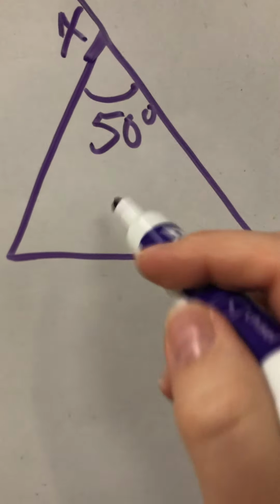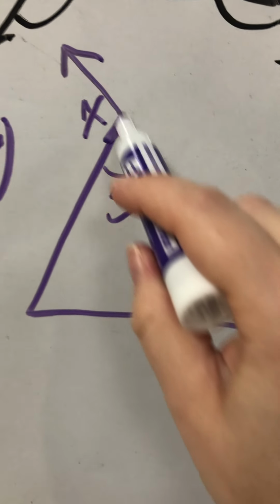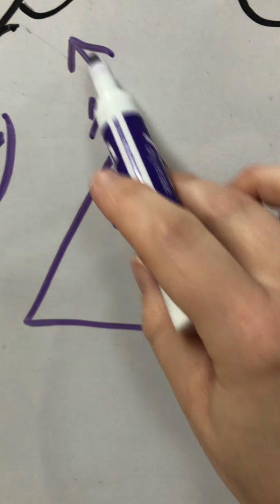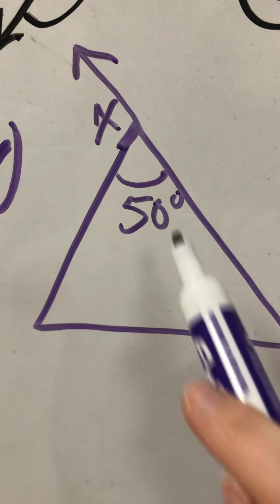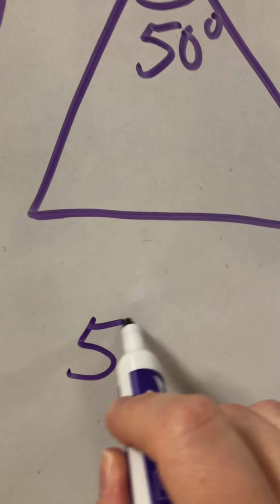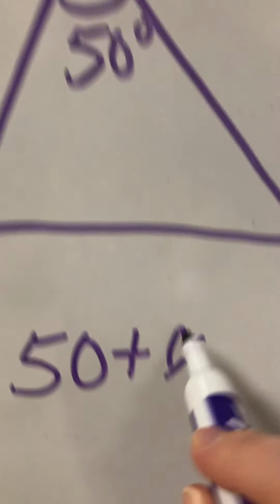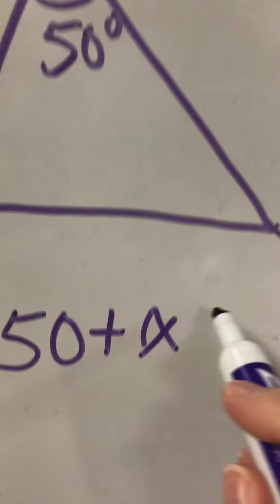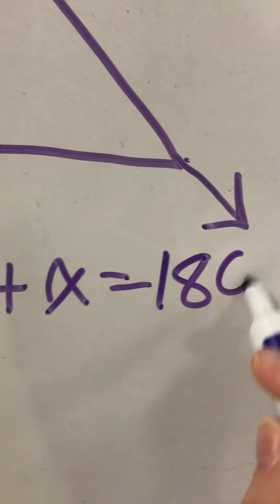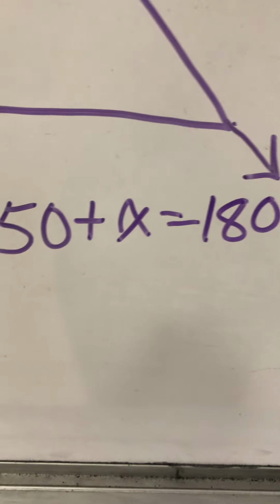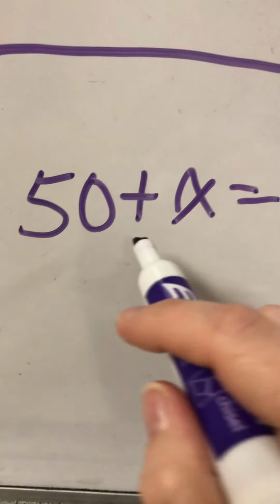Well, since this is a straight line, we know this entire straight line is equal to 180. So to set up my problem, I would do 50 plus x, because that's what's sitting there, and we know that is going to equal 180 degrees. Then I would just carry out the math to solve it.